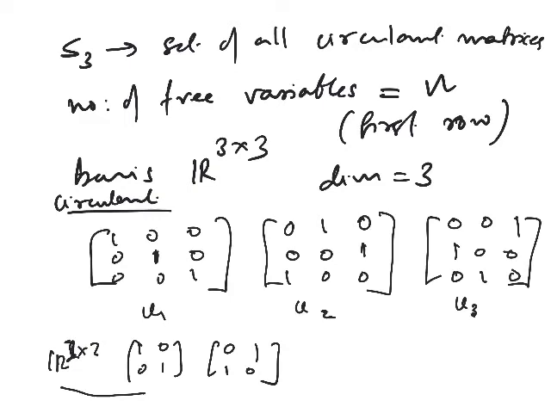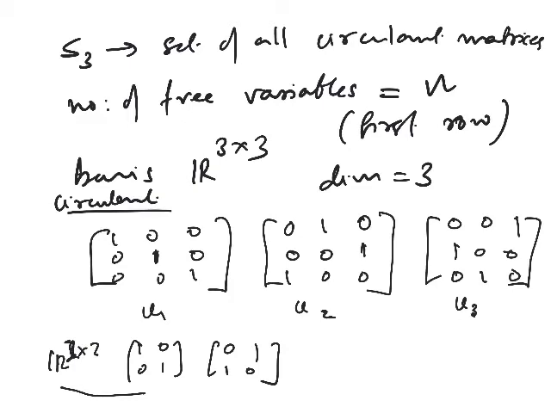So given a basis, how can I represent each element in this? Each element gets represented as what? Given the basis, there is an alternate representation. That is what we saw in the last class. Given the basis, whatever be the vector space, it always has an alternate representation. What is that representation?